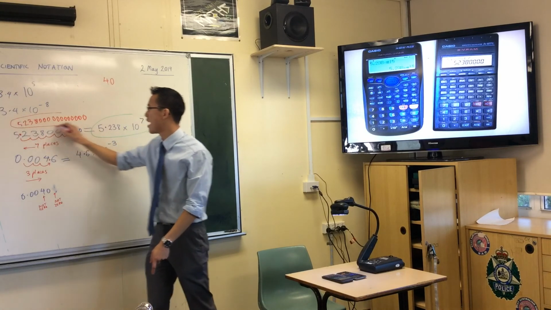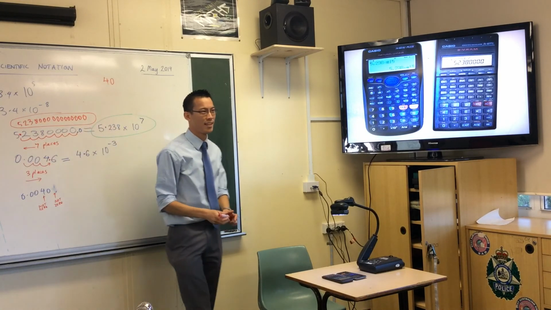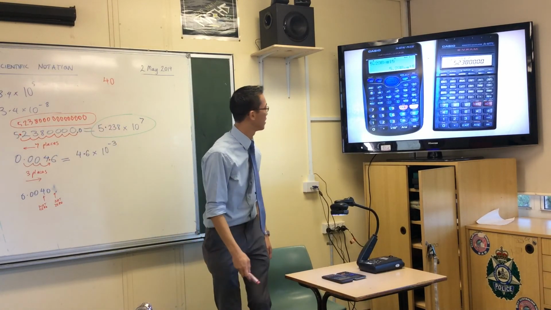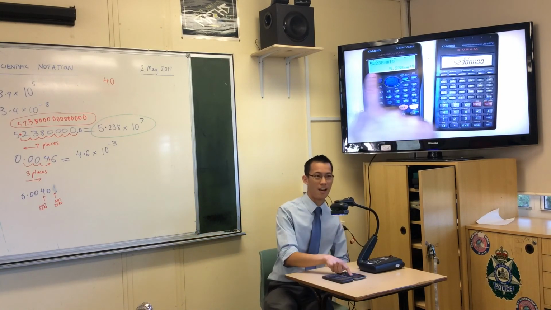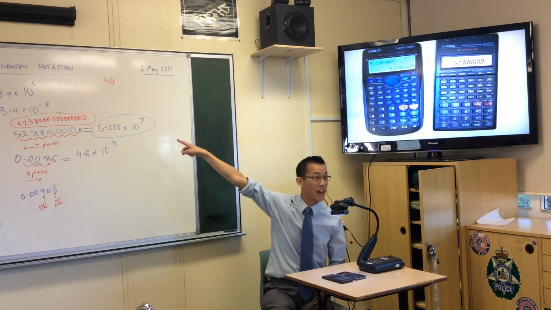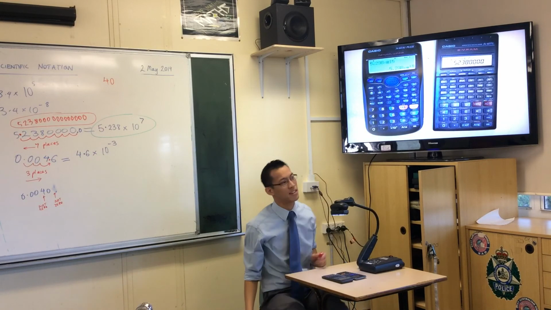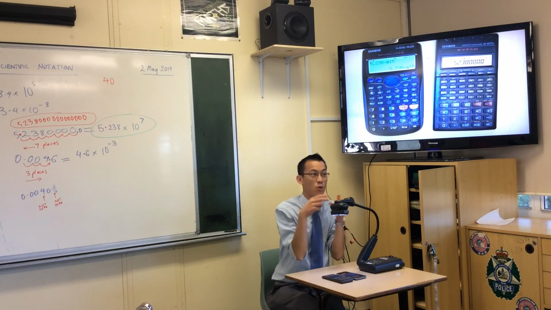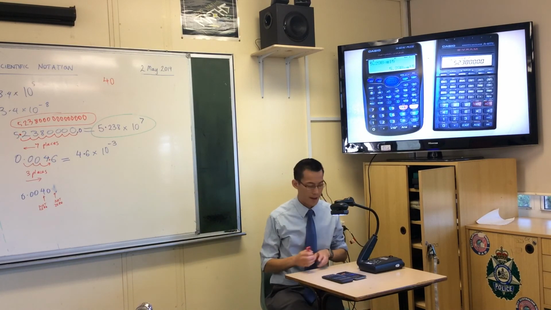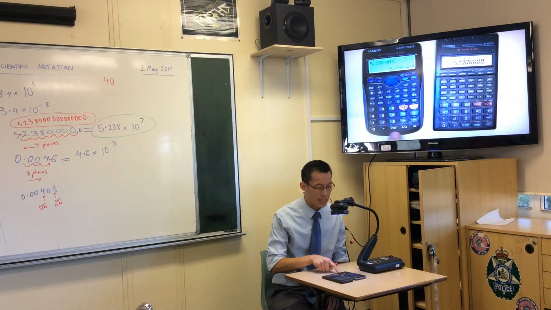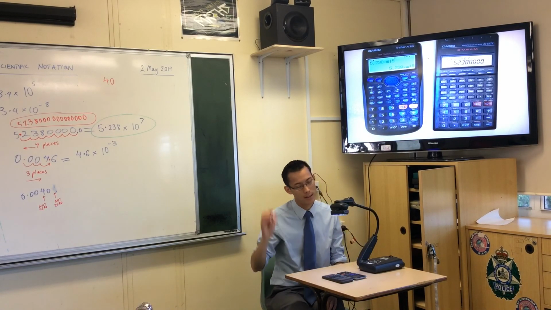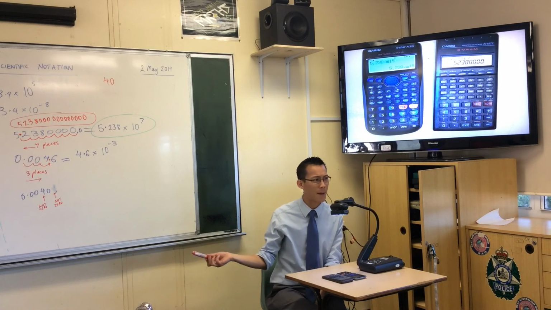Now can you see why the calculator doesn't want to write it? It just doesn't have enough space. There aren't enough characters here for it actually to put that number on. So that's why it just hands it back to you in scientific notation, because it's shorter. Okay? But using that button, that times 10 to the x button, that's what I'd like you to practice in the last exercise of this number skills chapter. Okay?